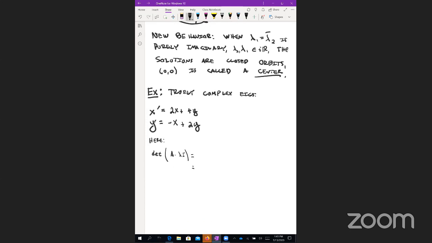So we should get 2 minus lambda plus 4, or lambda squared minus 4 lambda plus 8.